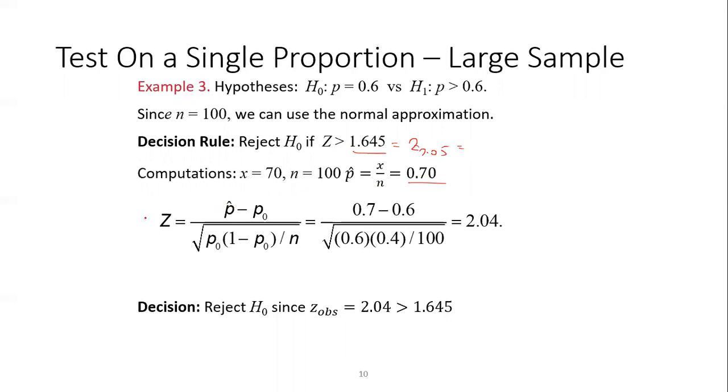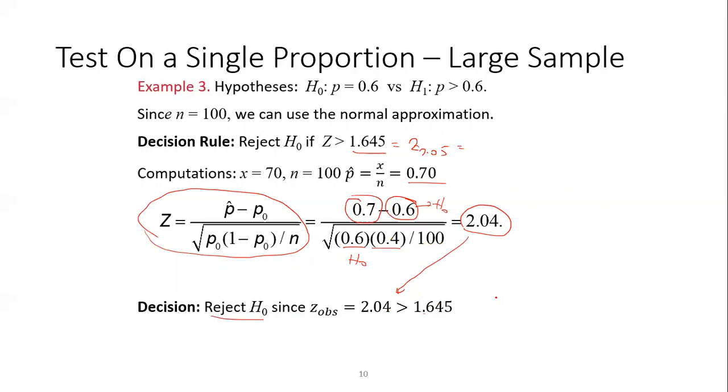Just plug in the values: p hat 0.7, and p0 0.6, which comes from the null hypothesis, and this also comes from H0, divided by 100. That is equal to 2.04. Since 2.04 is greater than 1.645, we will reject H0.